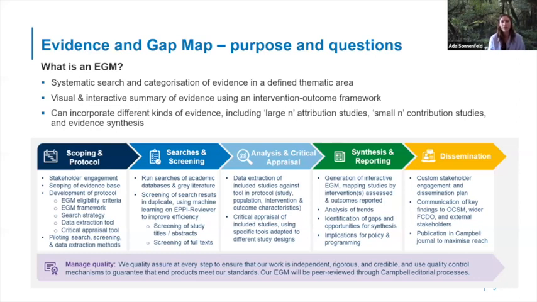So an evidence gap map is based on a systematic search to identify and categorize all of the relevant evidence in a given thematic area.